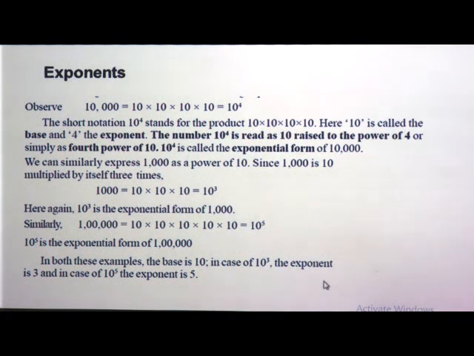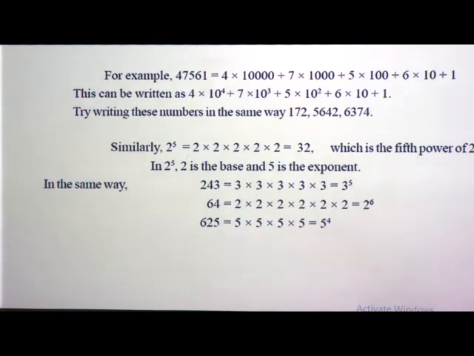I think you understood the new terminology, that is exponents, and how to read the given number. The number is given to us as 10 raised to power of 5, where 5 is the exponent and 10 is the base.